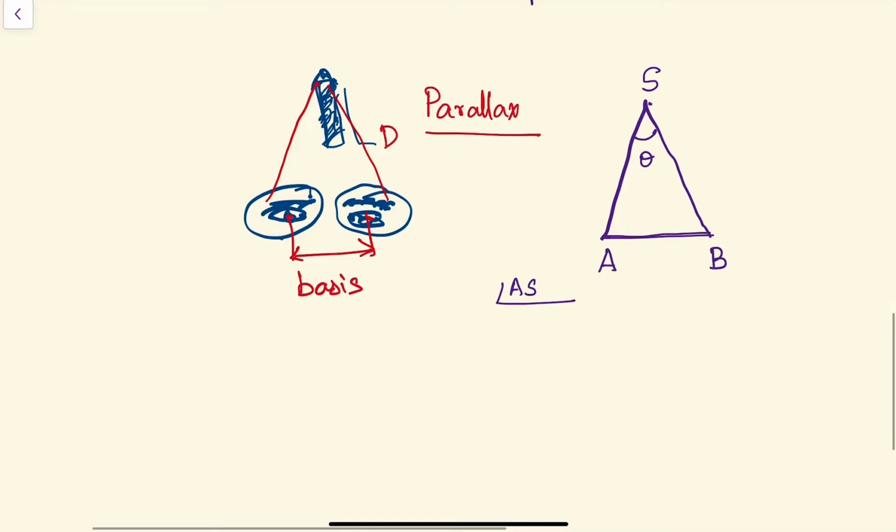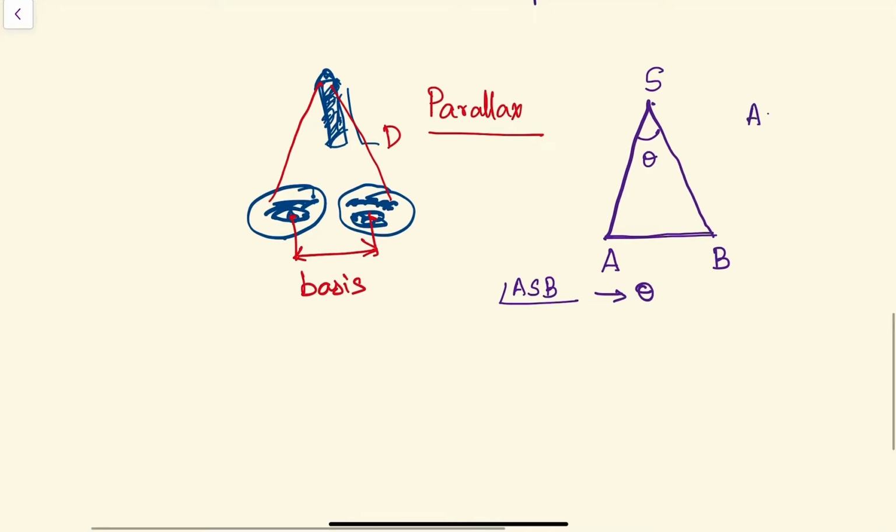The angle of the triangle ASB is equivalent to theta. The distance AS is equal to BS. Obviously, the distance cannot be altered actually.